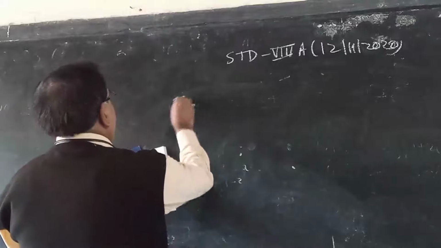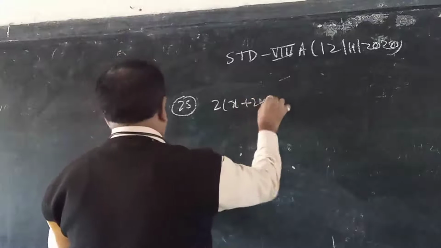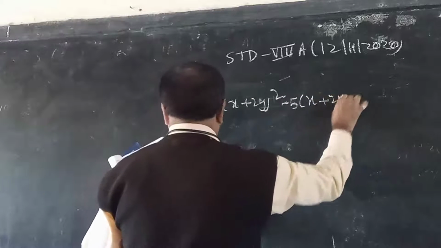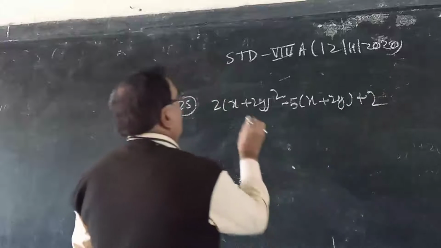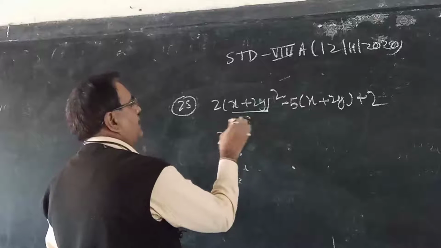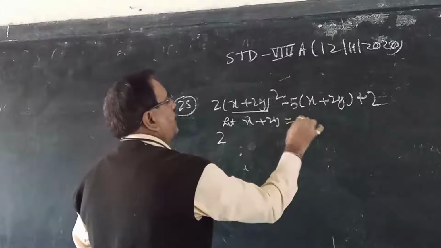See question number 25: 2(x plus 2y) whole square minus 5(x plus 2y) plus 2. Let x plus 2y be equal to a.